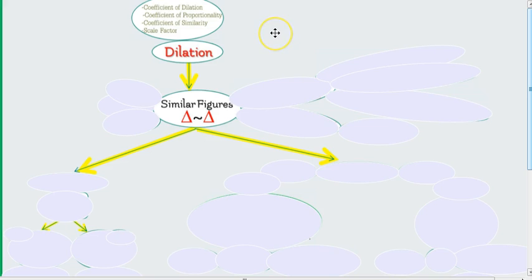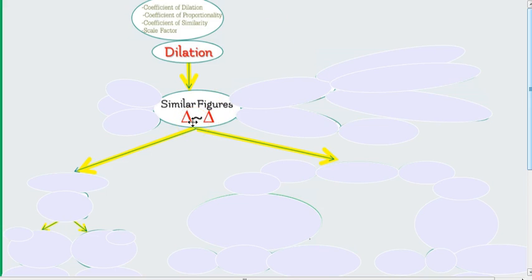This means that any time a figure went through a transformation by dilation, the same laws that work for similar figures, and in our case specifically similar triangles, would apply to the image and the original.